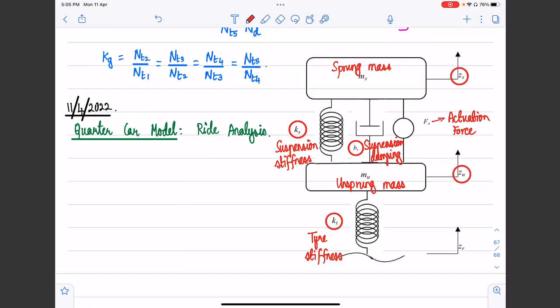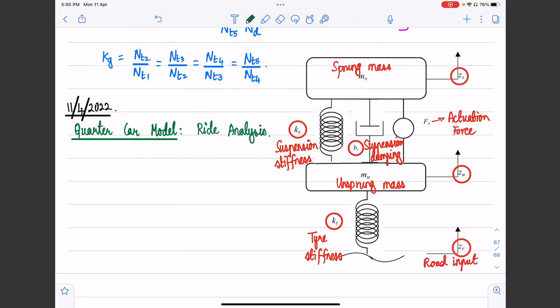And the input to the model is the road input, which is denoted by Z subscript R. So Z subscript R is the input that comes from the road profile. Okay, so those are the main elements of this particular quarter car model.